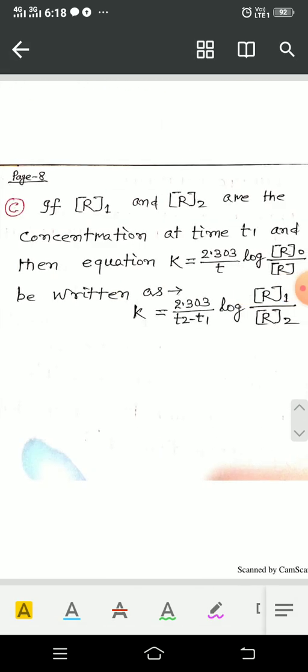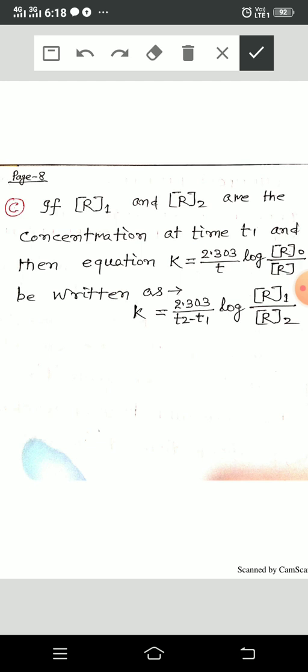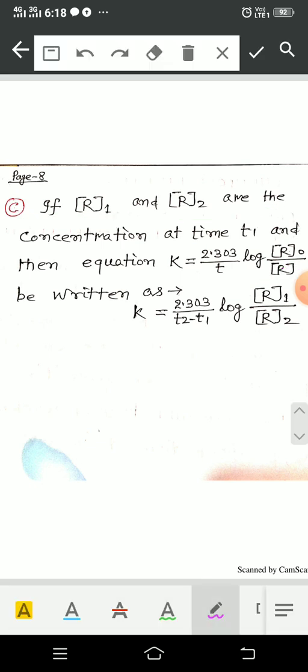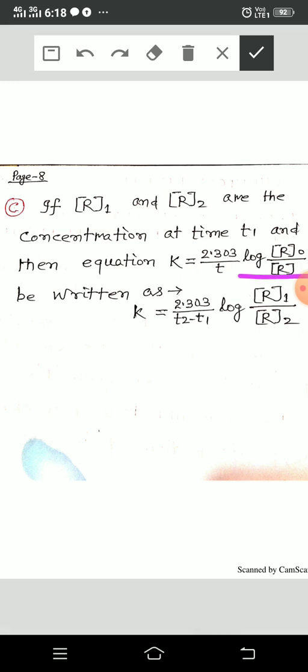Now the next form of the integrated form of the first order reaction: if R1 and R2 are the concentrations at times t1 and t2, then the equation k is equal to 2.303 by t log initial concentration by final concentration will become k is equal to 2.303 by t2 minus t1 log initial concentration by final concentration.